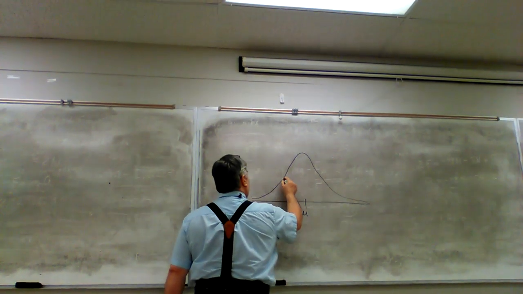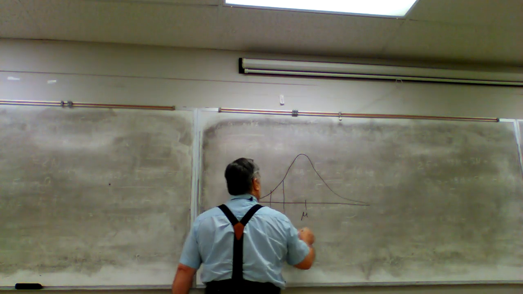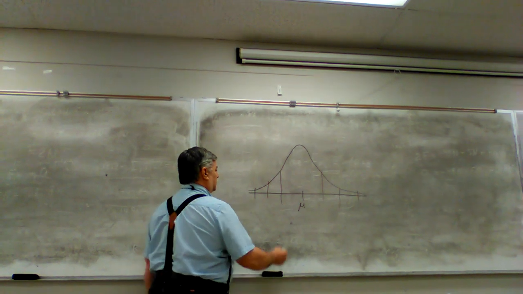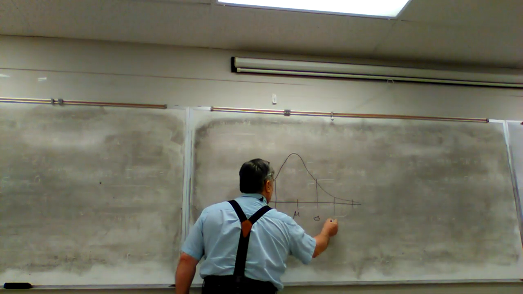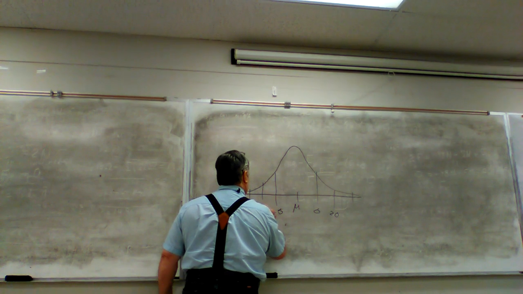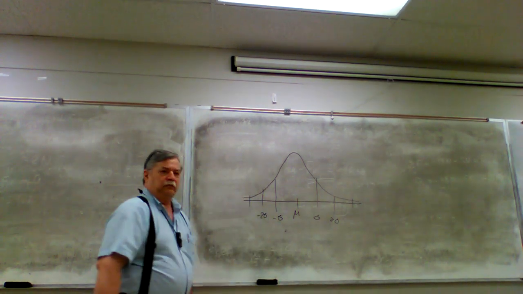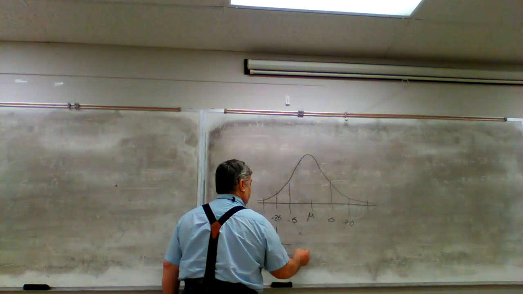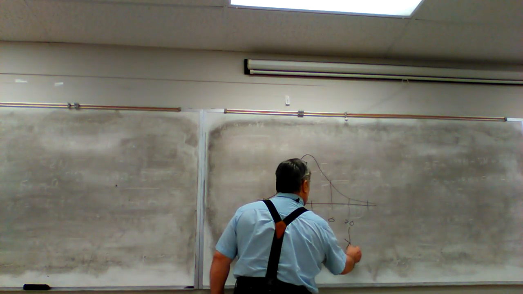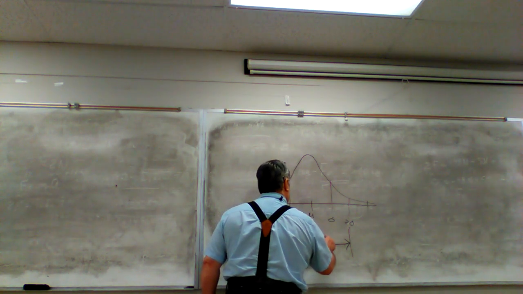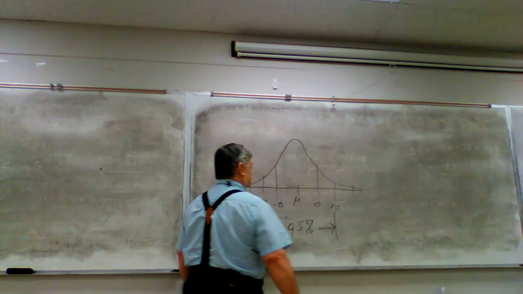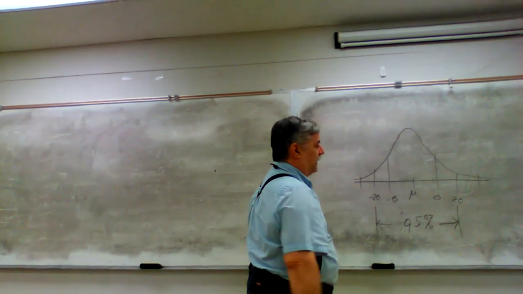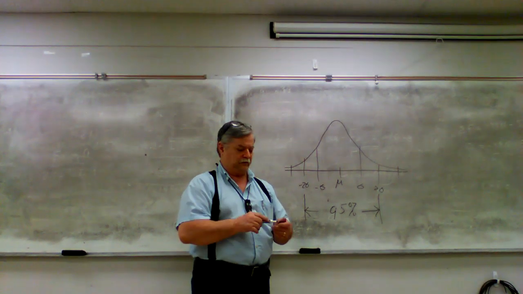The mean and standard deviations. And if you look in a normal distribution and you measure the standard deviation, you're going to find out that about 95% of all the population is going to be within those two boundaries, plus or minus 2 standard deviations.